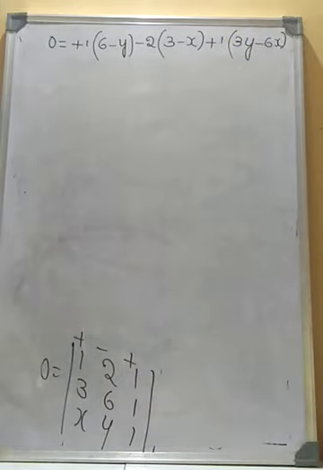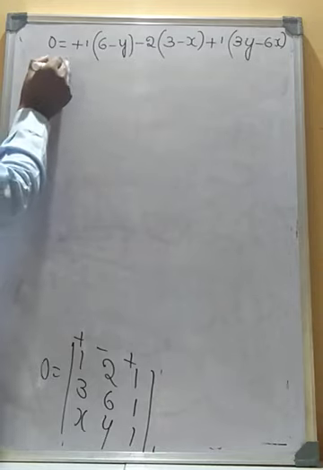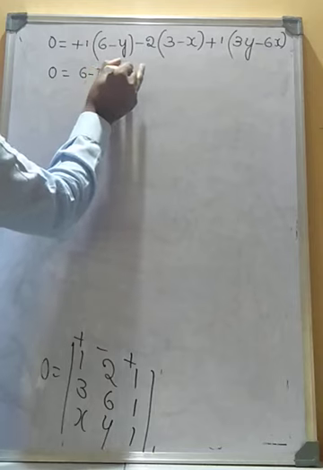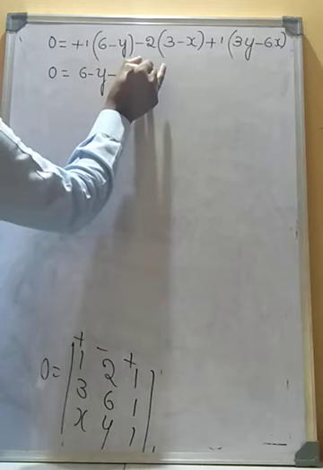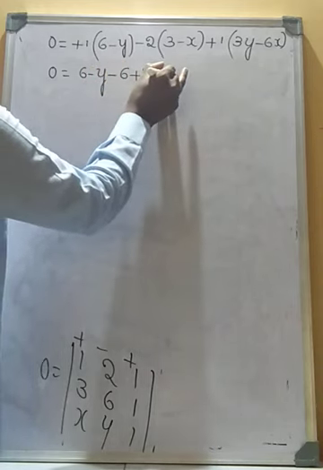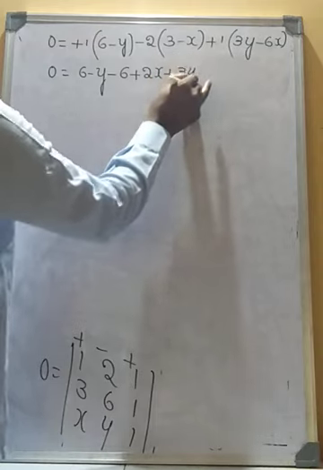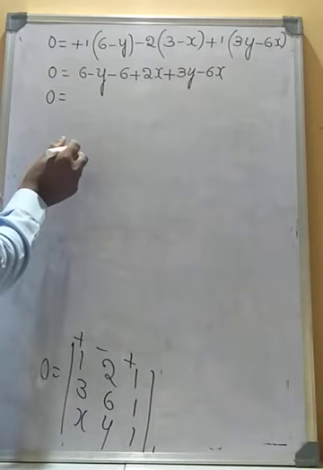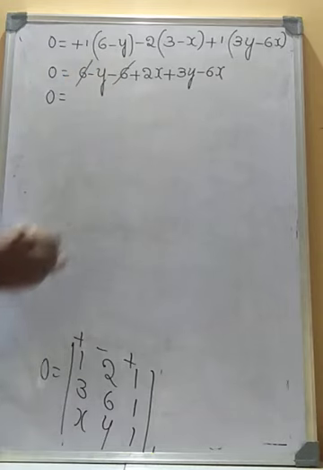So 0 is equal to 6 minus y minus 6 plus 2x plus 3y minus 6x. Minus 6 plus 6 cancels.